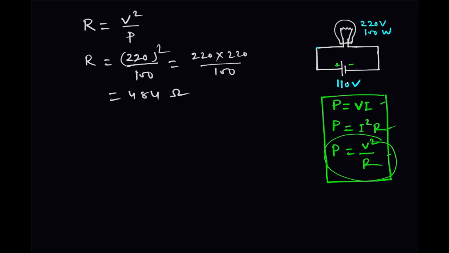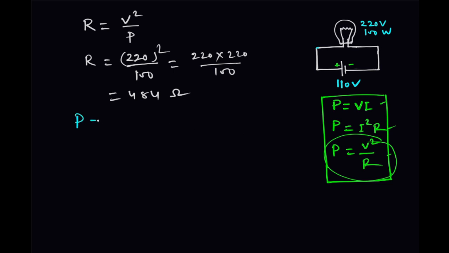Let us calculate now for 110 volt. When 110 volt is applied, we can apply this formula, because in the other two cases we have to calculate the current, using Ohm's law, that is I equal to V divided by R. So better to calculate directly here.